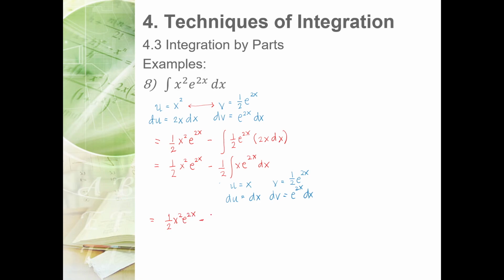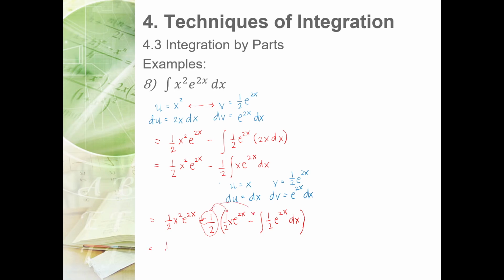So notice that after I write negative 1/2, I enclosed everything with another parenthesis, right? So this becomes uv, so that's x times 1/2 e raised to the power of 2x, minus integral of v du, so 1/2 e raised to the power of 2x dx. So distributing the negative sign, negative 1/2 to the first term and then to the next term.